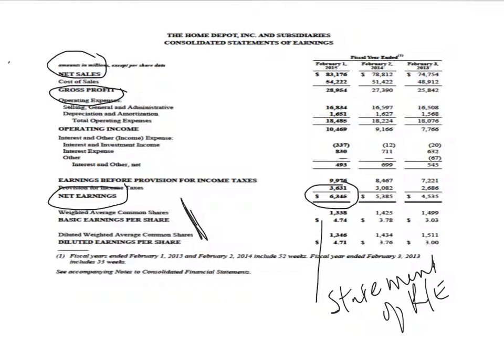Therefore they call it the link between the balance sheet and the income statement, because the way the financial statements are prepared is first the statement of earnings is prepared, then the statement of retained earnings, and then the balance sheet, because the ending retained earnings dollar amount from the statement of stockholders' equity or the statement of retained earnings flows to the balance sheet as a line item. So that's why they call it a link between the balance sheet and the income statement.